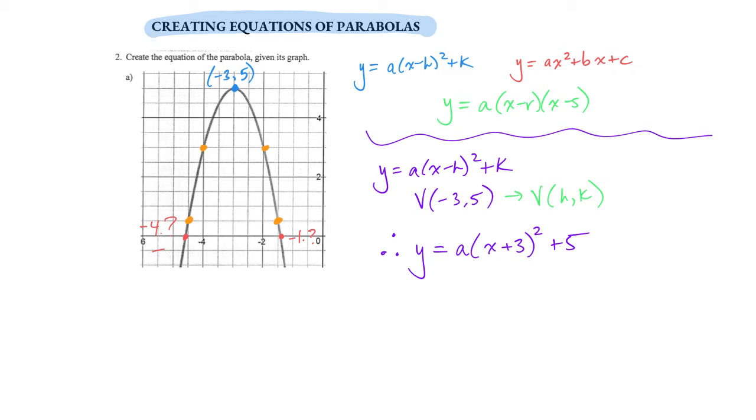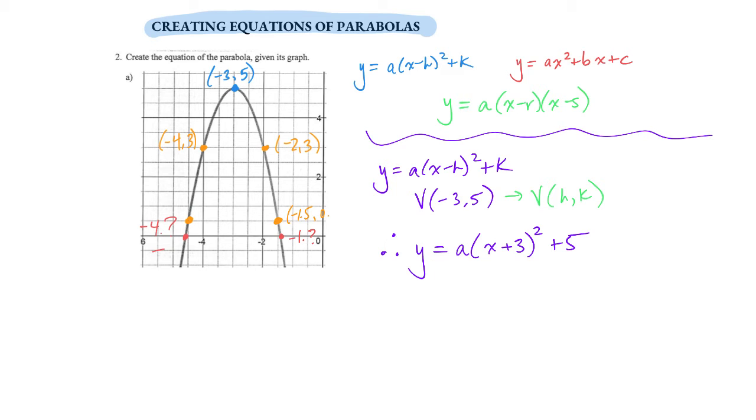Those I am very confident that my parabola goes through. So I'm going to just label on the coordinates of those points. (-2, 3), (-4, 3). That would be like (-1.5, ...) and... 0.25.